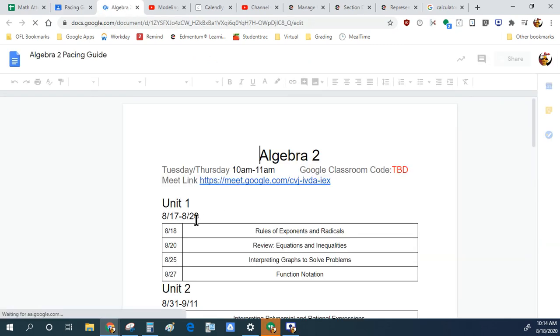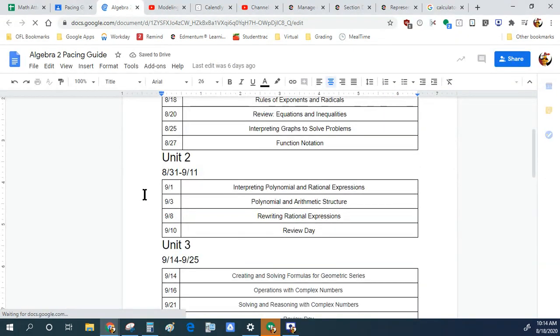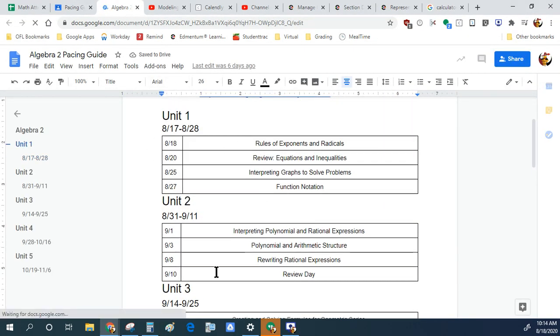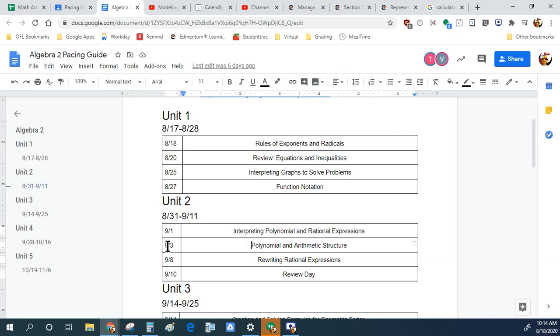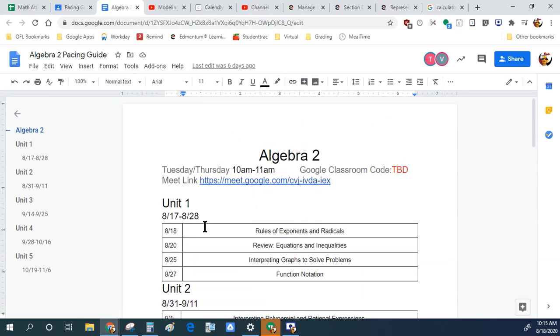For those of you who might be ahead, let's say you're already on unit 2, on the second module, you know to get back to class on September 3rd. Other than that, just keep pace with the class.